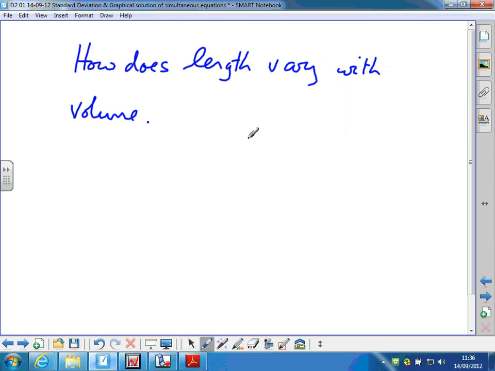So the original function, I'm interested in how the length varies with volume. So what am I going to put into autograph, Tom?